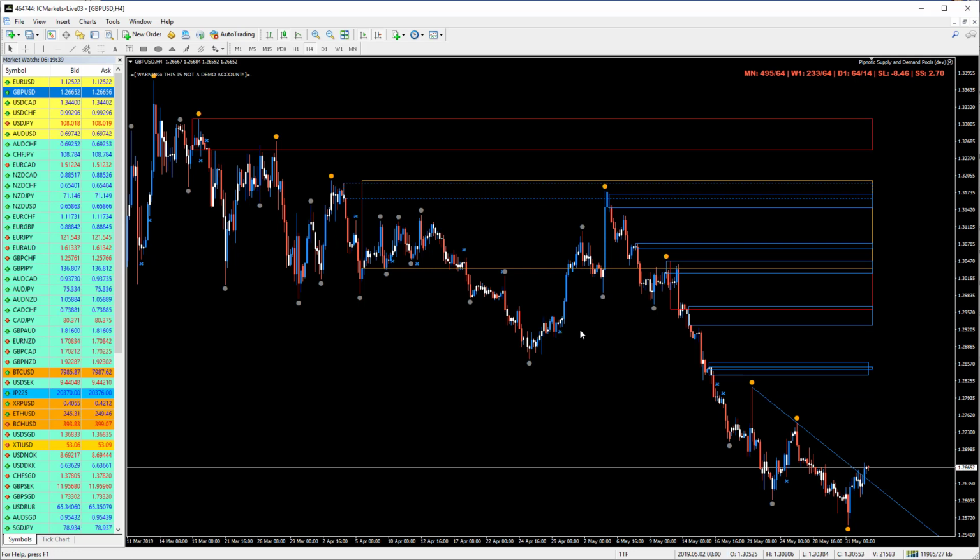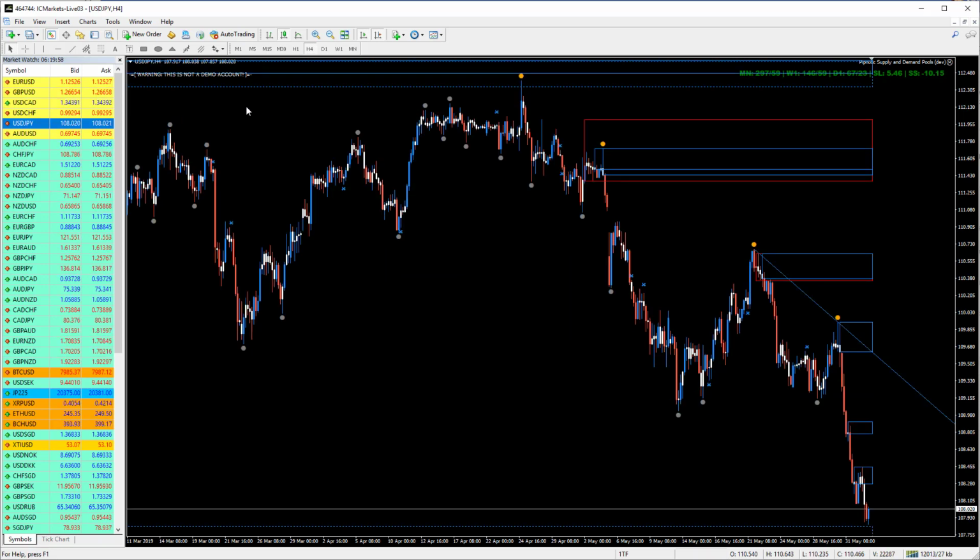No, it isn't. Is this level that was marked off here going to hold? No, it's not. Why? Because we're just reacting to weekly supply. We can't possibly expect price to continue to move higher when we see weekly supply being formed above price. So really bad idea.